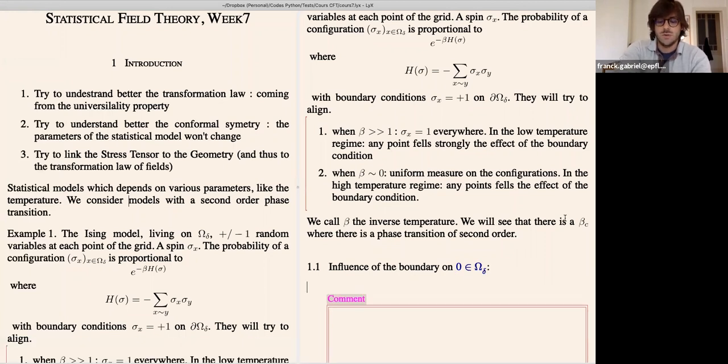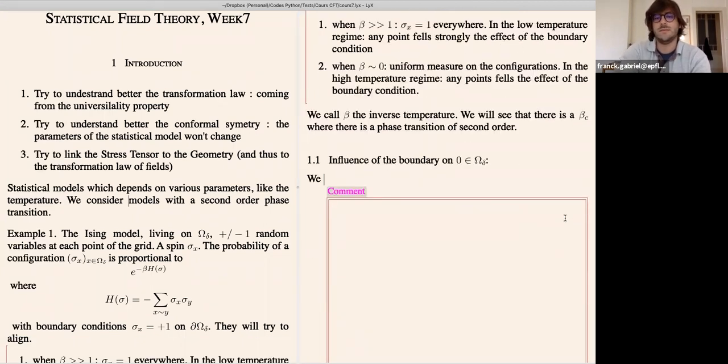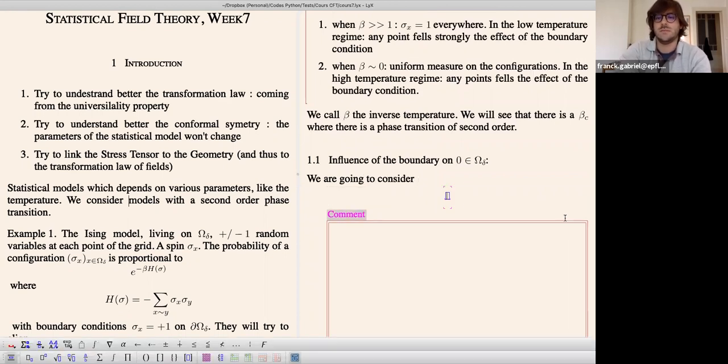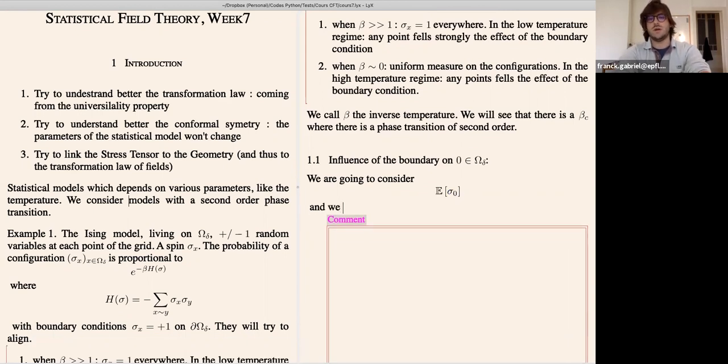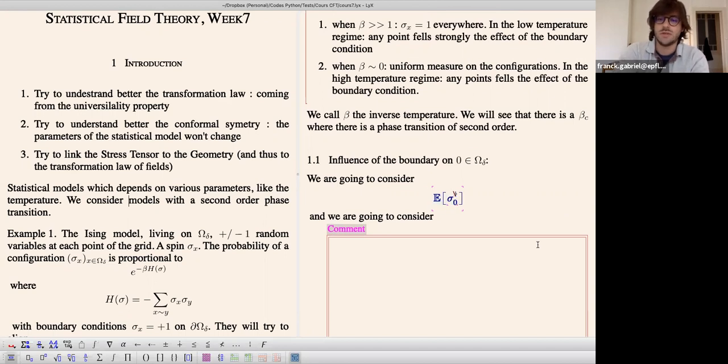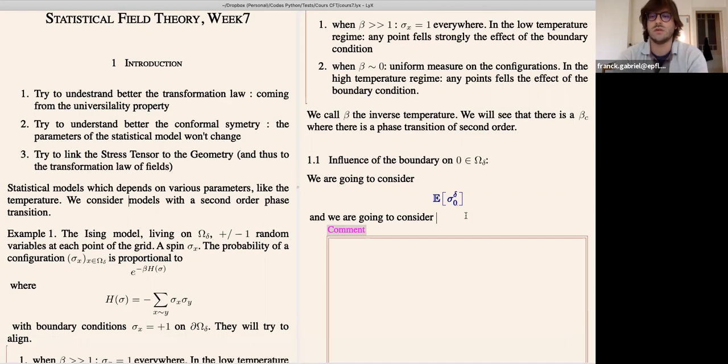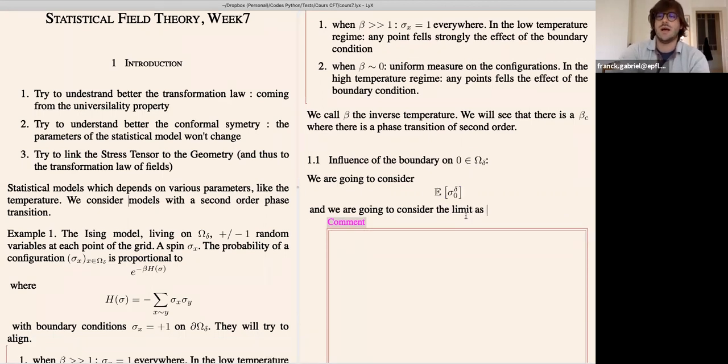We are going to consider the expectation of the spin at the point 0 on the grid omega delta, and we are going to consider the limit as delta goes to 0.